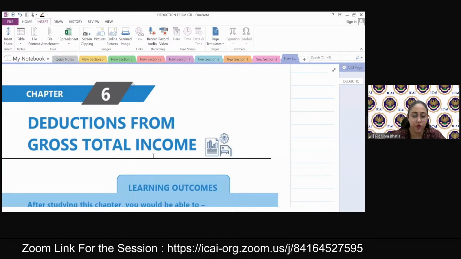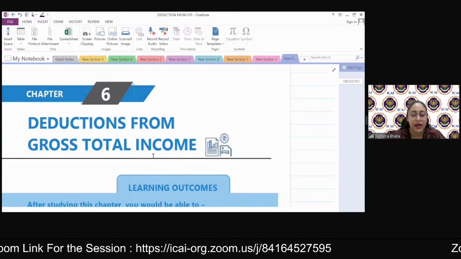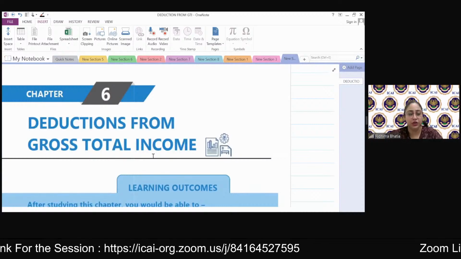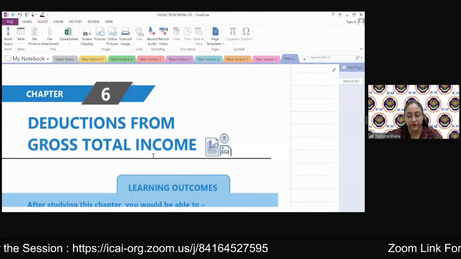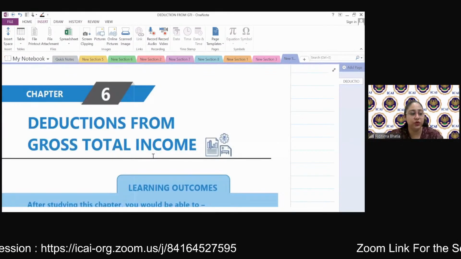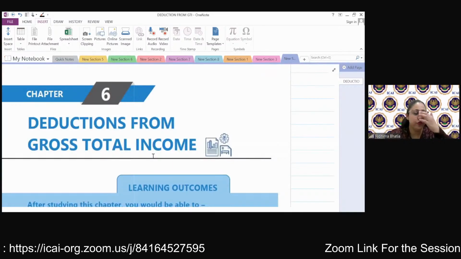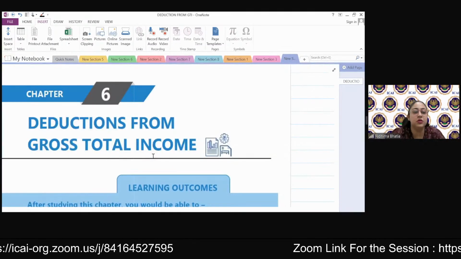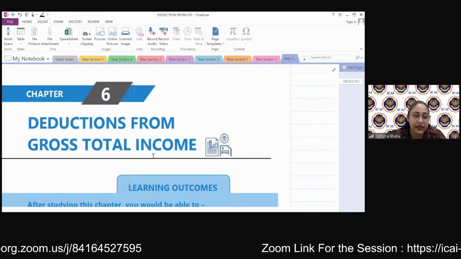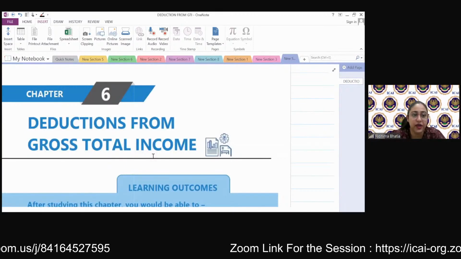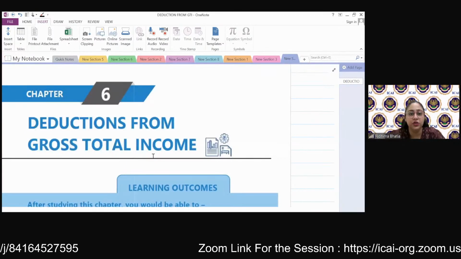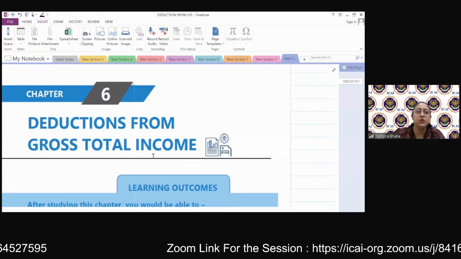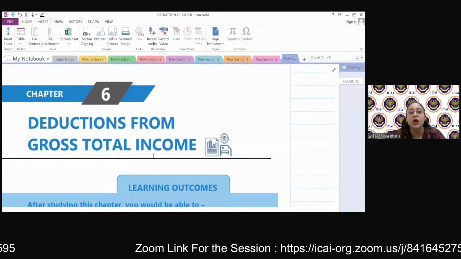Today we'll be doing deductions from gross total income. Now, I understand students, this particular chapter, if we go in a thorough revision, is of 2, 3 lectures. And I hope all of you have listened to the lectures which have been covered in detail in the class, which has all the sections. We'll be doing a quick revision, hopping from one section to another, so that most of the sections can be covered today.